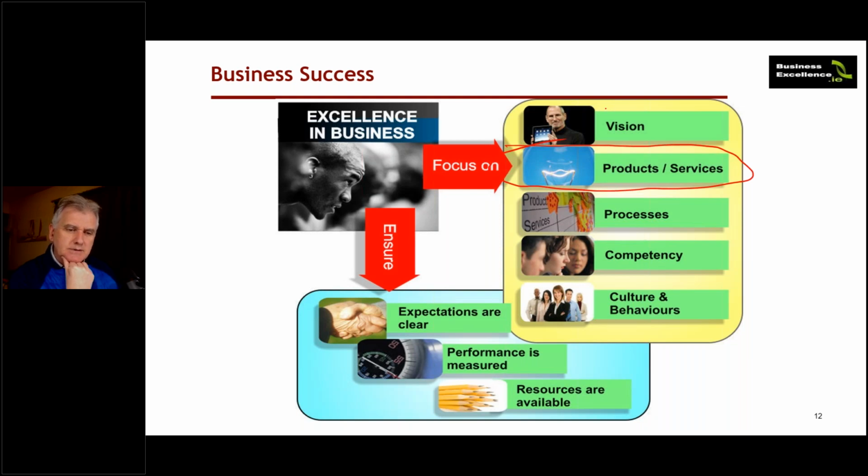What I'd be looking for is a couple of sentences around vision: explain why vision is important, and you might give an example of vision. I would explain why it's important to have good processes and give examples, maybe someone like Amazon, think of a good process. I'd explain why it's important for people to have competencies. And for each one, I'm talking about a couple of sentences, not a huge amount.